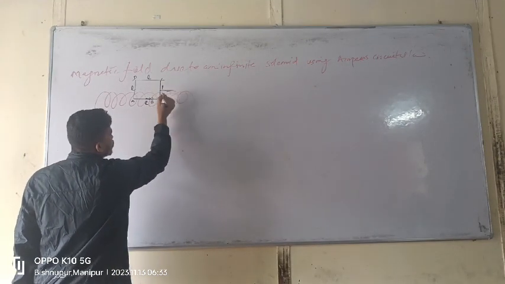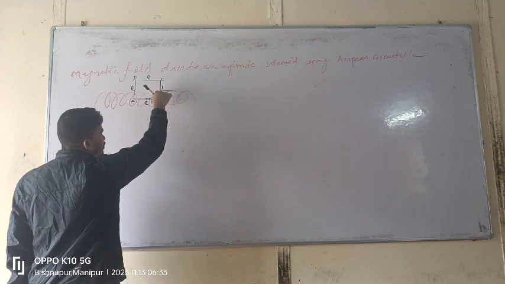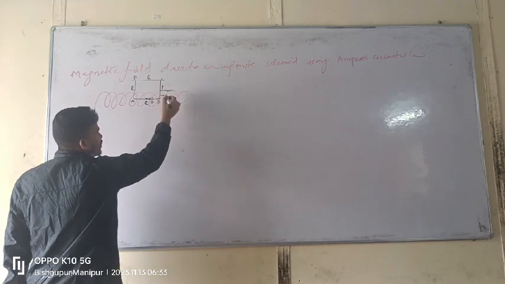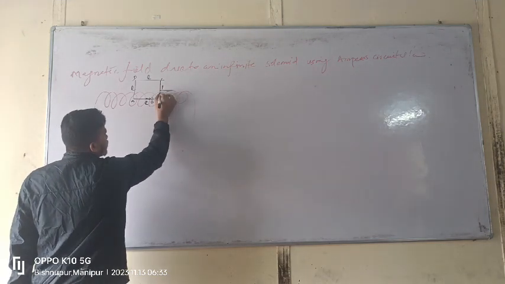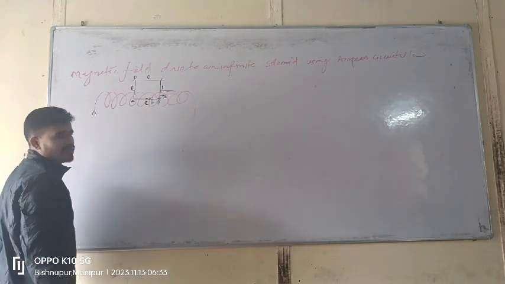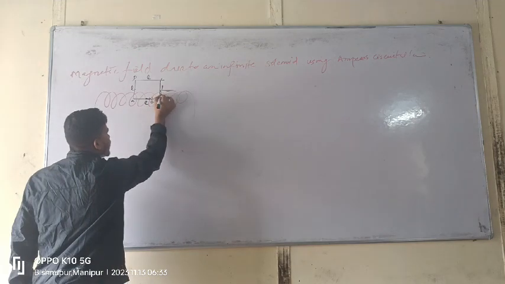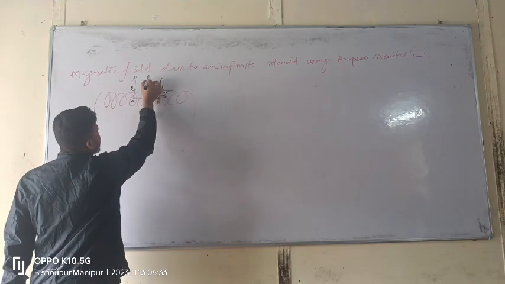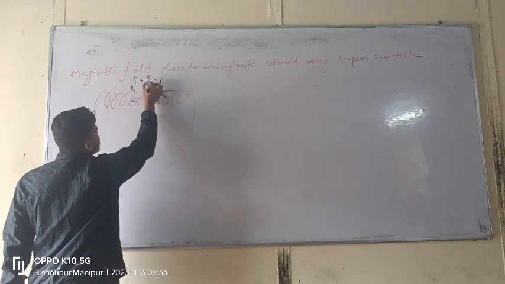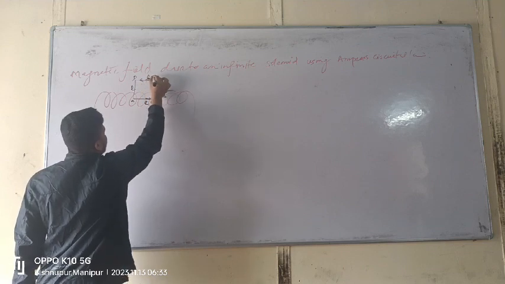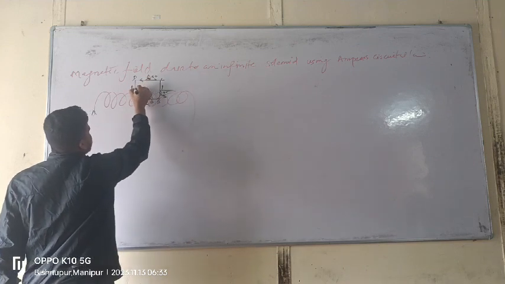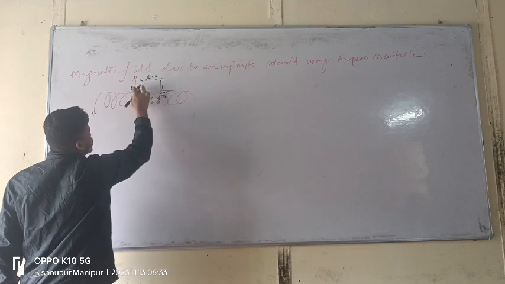What about the magnetic field outside? Outside is 0. Inside, in between the coil, BC: what is the angle? 90. Here the magnetic field is in this direction and the length is in this direction, so the angle is 180.